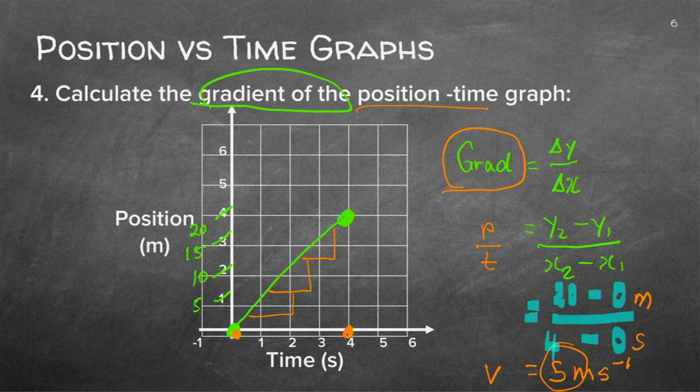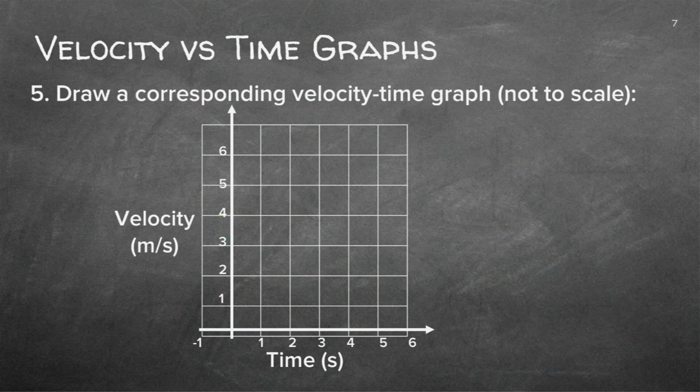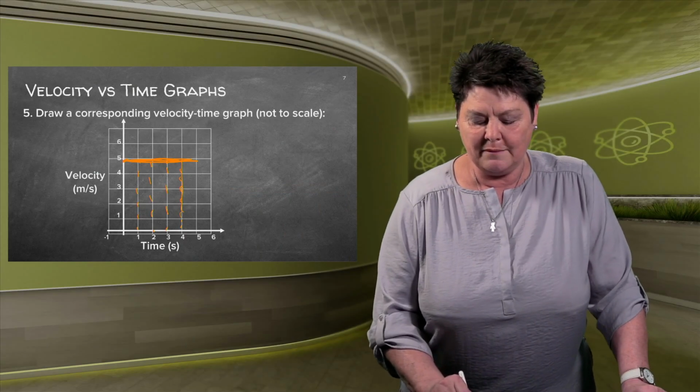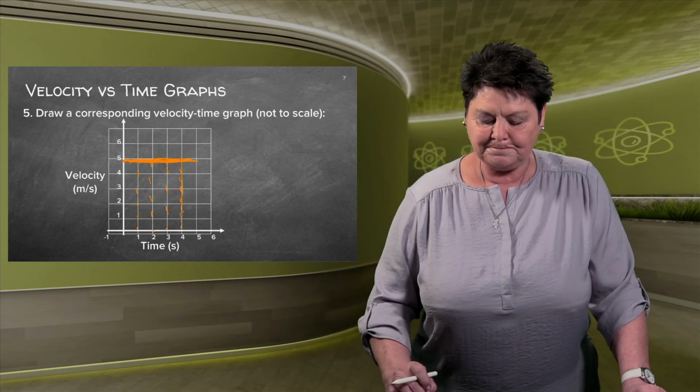And our answer was 5. Therefore, it will be exactly there at 5. 5 there in 4 seconds. Do you see that point there? So it would be 5 in 1, 5 in 2, 5 in 3. So my gradient then of the position time gives me the velocity.